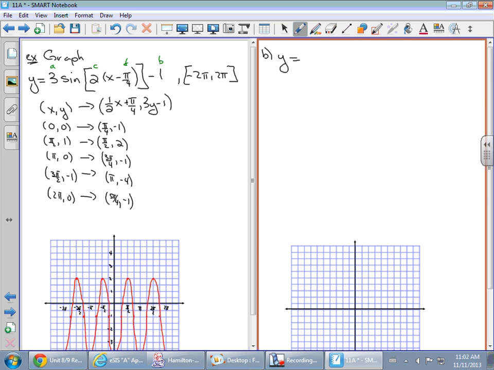Y is equal to -1/2 the cosine of 1/2 x plus pi over 3, plus 2. And we are going to graph this one from -3 pi all the way to +3 pi.